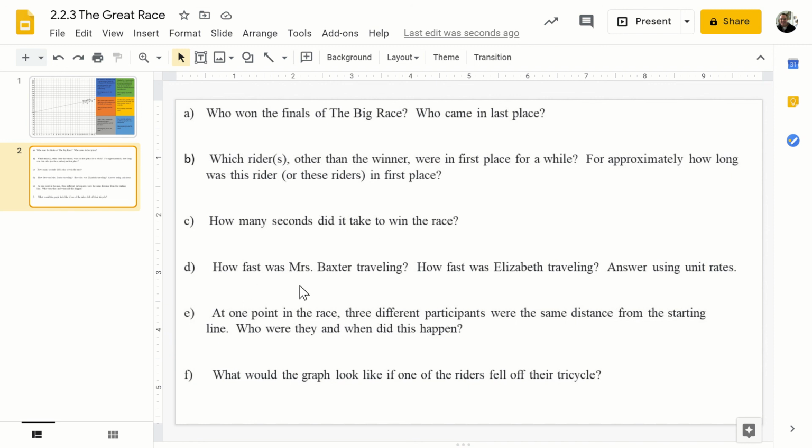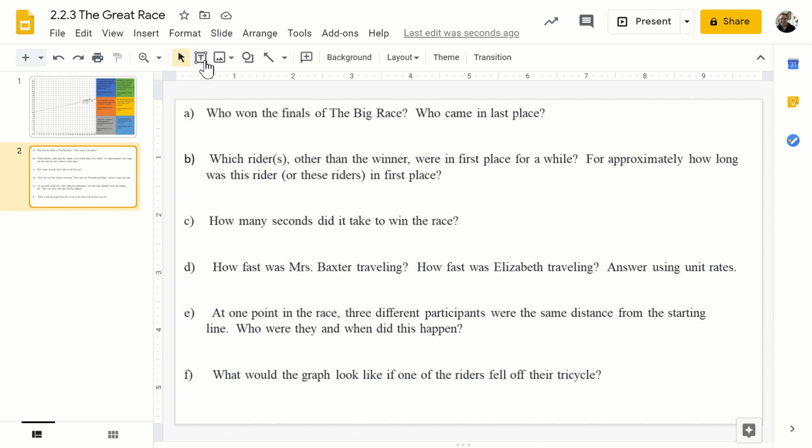How fast was Mrs. Baxter traveling? How fast was Elizabeth traveling? Use unit rates. At one point in the race, three different participants were at the same distance from the starting line. Who were they, and when did this happen? And finally, what would the graph look like if one of the riders fell off their tricycle?